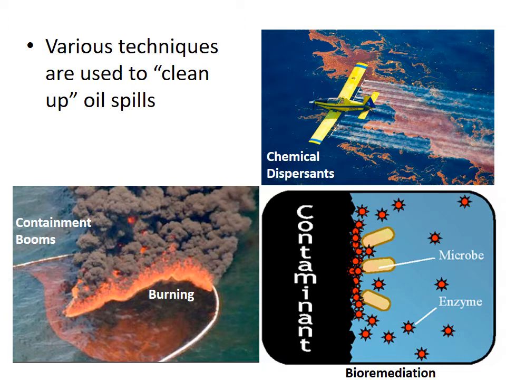Another thing that we do to break up oil slicks is use chemical dispersants, which are sort of like really strong soaps or detergents that break up the oil. The thing is, the chemical dispersants can include toxic chemicals, and they don't completely make the oil go away.